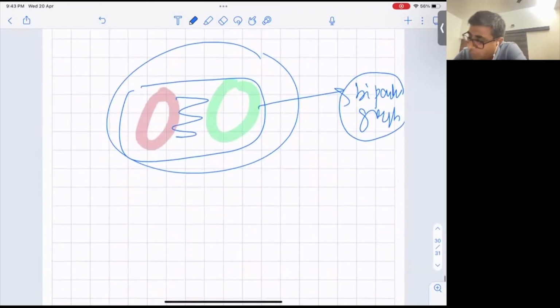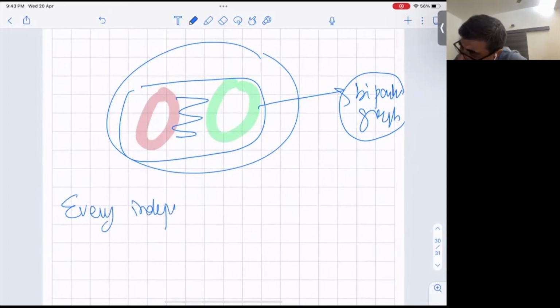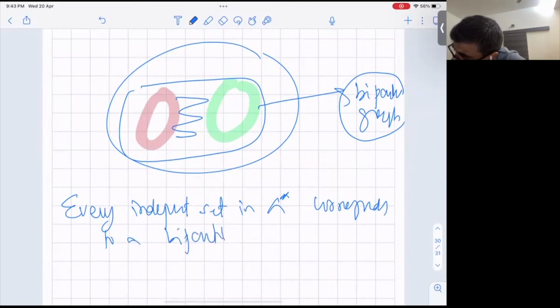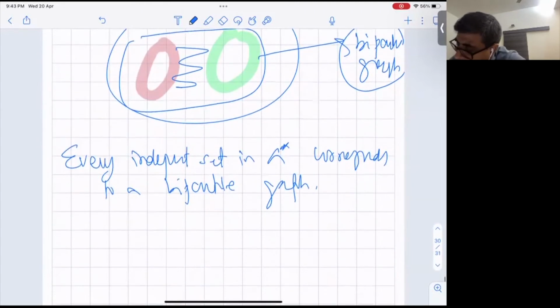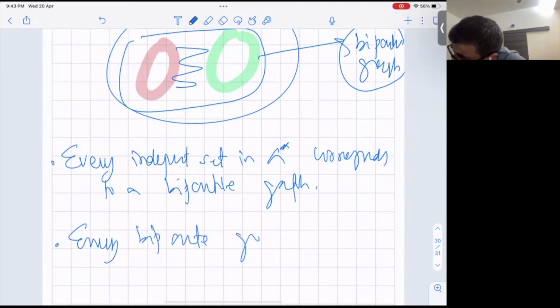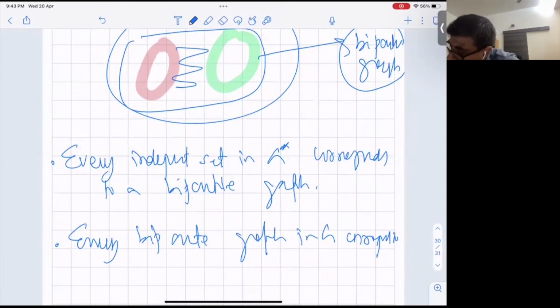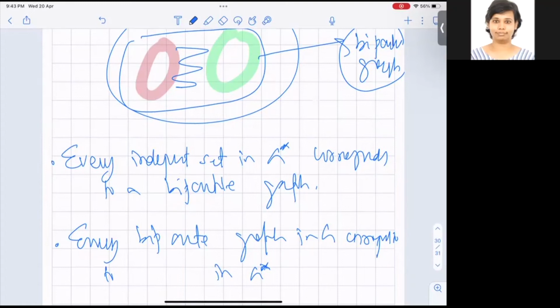So what did we learn from here? Every independent set in G star corresponds to a bipartite graph. That's the first thing. And what does every bipartite graph in G correspond to in G star? An independent set.